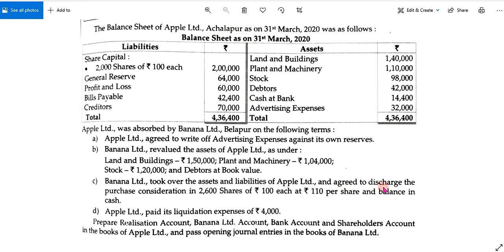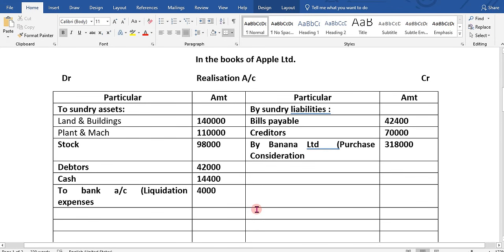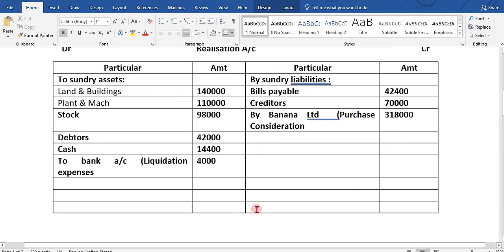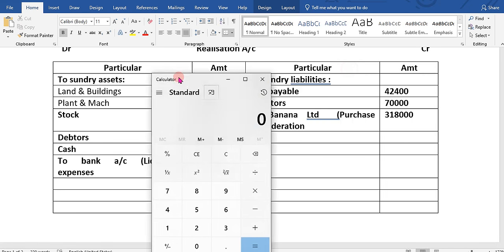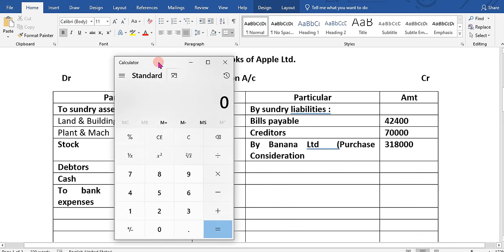We did the discharge of purchase consideration, as well as posted the liquidation expenses amount also. Now let's close the realization account. So if we calculate the realization amount, let's check whether it is profit on realization or loss on realization.